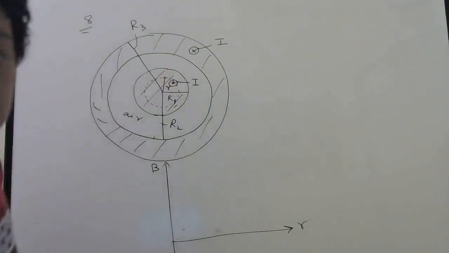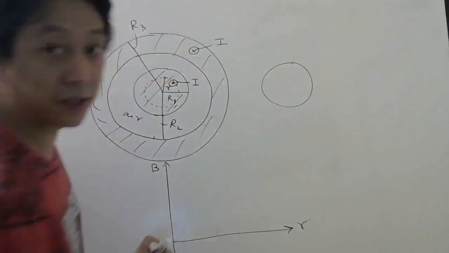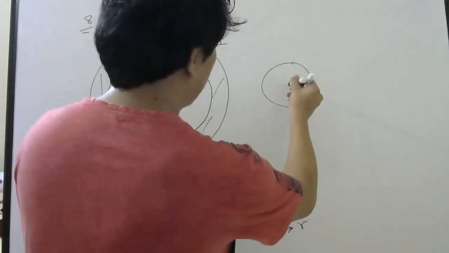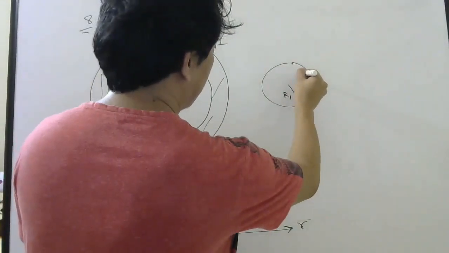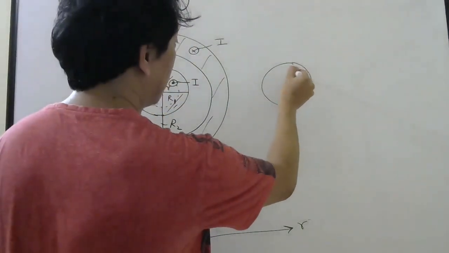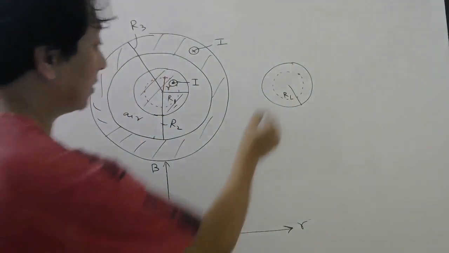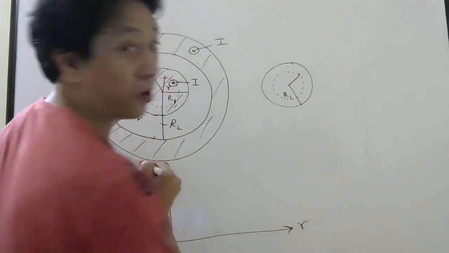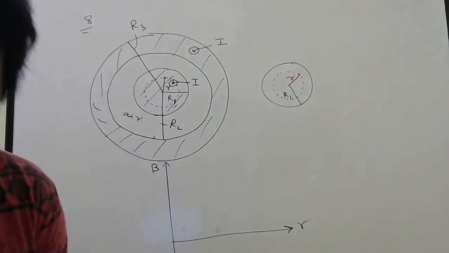If I draw here, this is the inner conductor whose radius is r1, and I want the magnetic field somewhere here. What was the technique? First draw an Amperian loop passing through that point, at distance small r from the axis. Then apply Ampere circuital law.